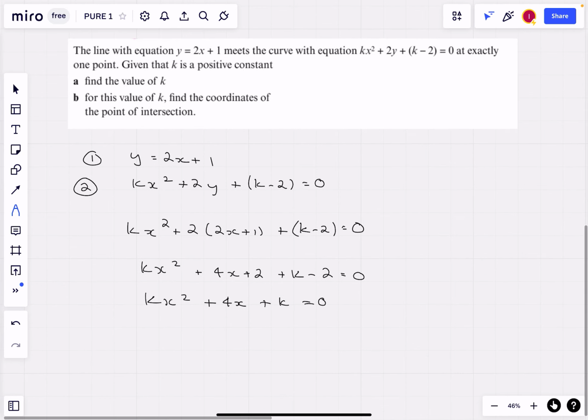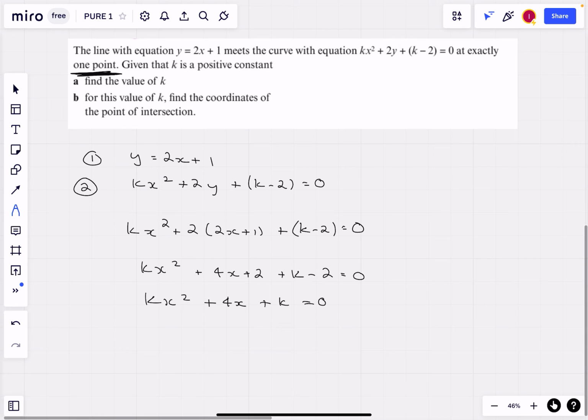Okay. The key piece of information is they meet at exactly 1 point. So what can you use knowing that they meet at exactly 1 point? The discriminant. We've seen the discriminant before. We know that when it's greater than 0, 2 solutions, equal to 0, 1 solution, less than 0, no solutions.